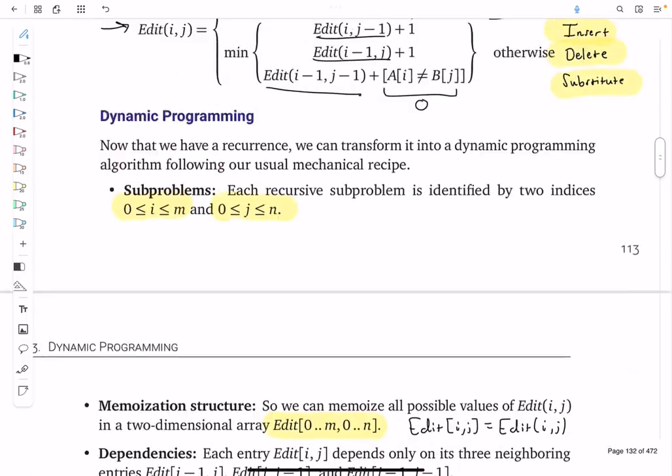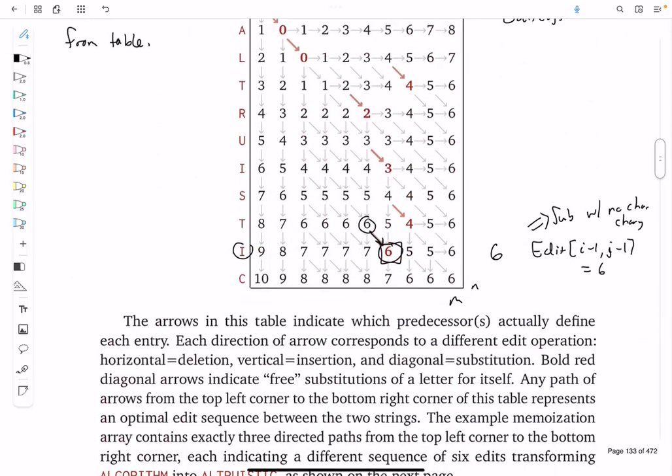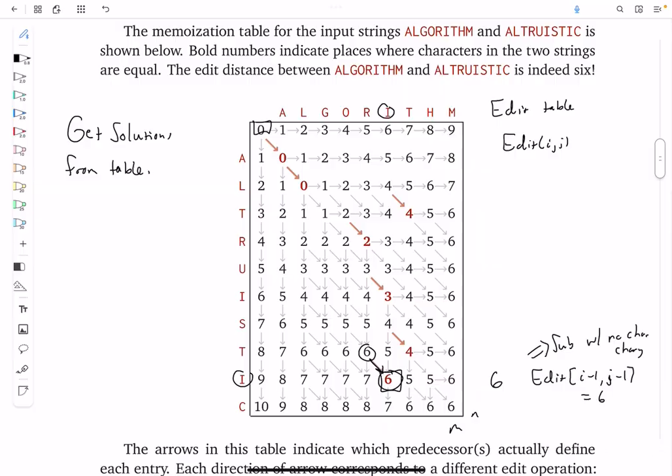So if we just look at this, we know this value, and we know each of these values, and so we can just brute force figure out which choice gave us this optimal value. So by looking at the table, if we trace back in time, this gave us the optimal value, and so we know it was a substitution.